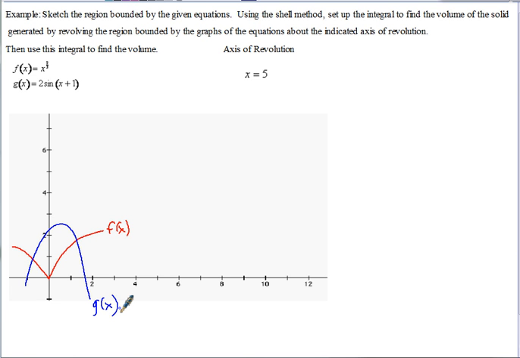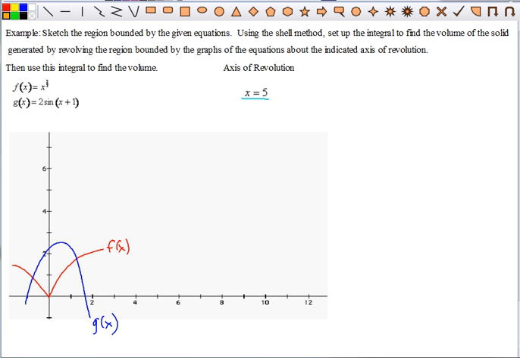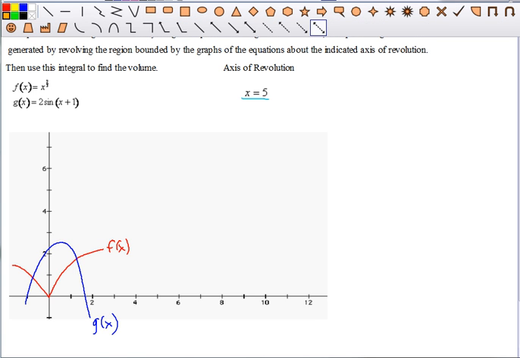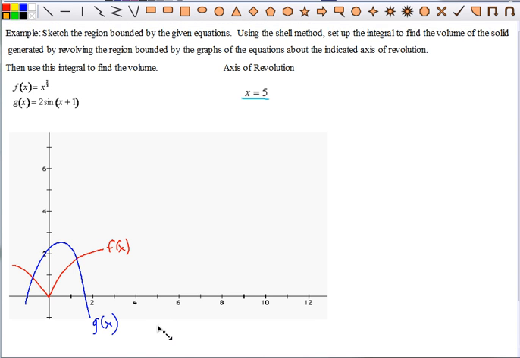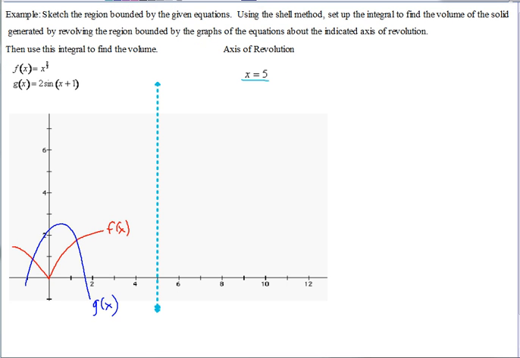And this time our axis of revolution is over here at x equals 5. So let's draw that as a dotted line. So that's what we're revolving around.